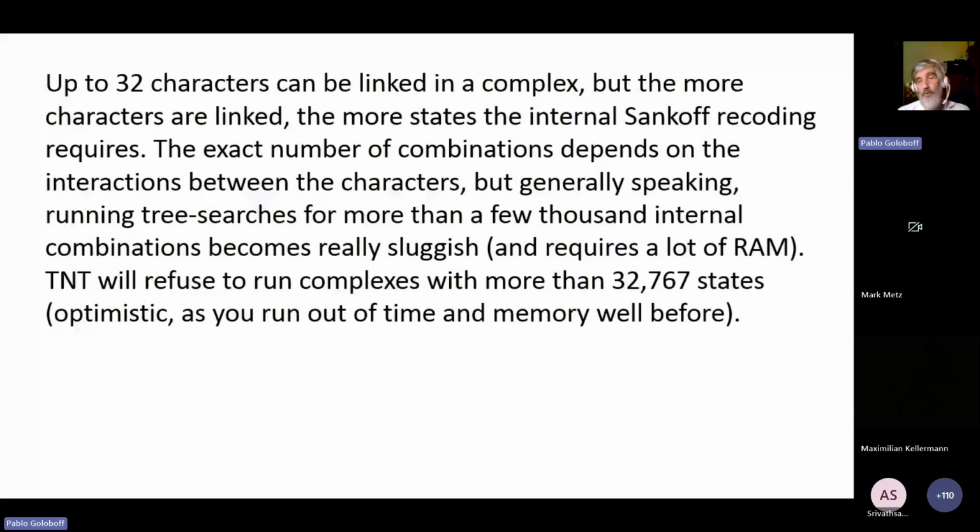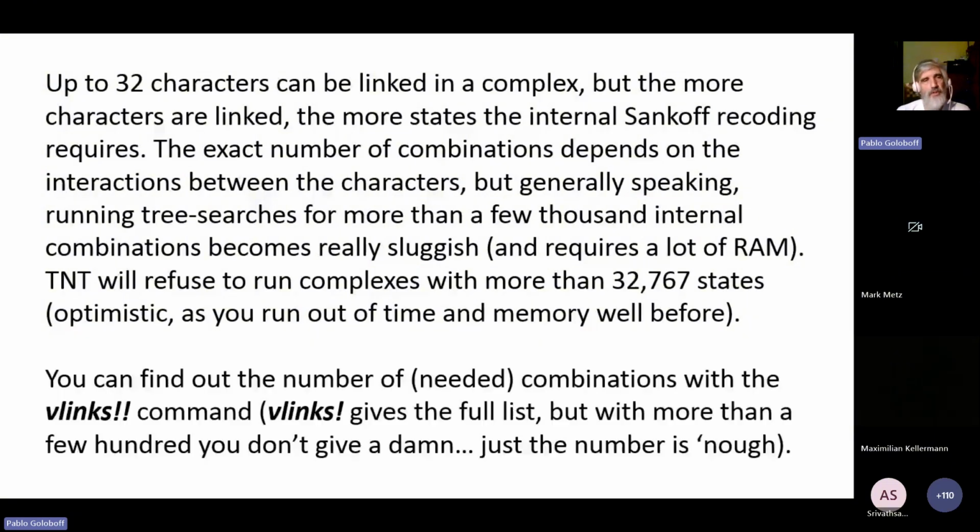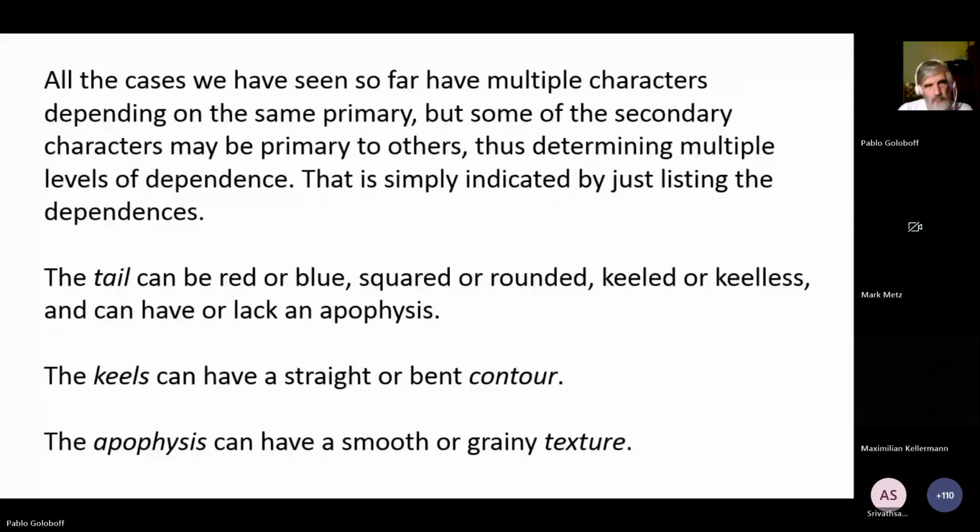You may be able to run up to 4,000 or 5,000, maybe 10,000 if you're really patient. You can find out the number of needed combinations for analyzing your data with the blinks double exclamation mark option. Blinks with just one exclamation mark gives you the full list, but if you have thousands of combinations, you really are not going to study what those combinations are. You just want to know the number, and that you get with the double exclamation mark.